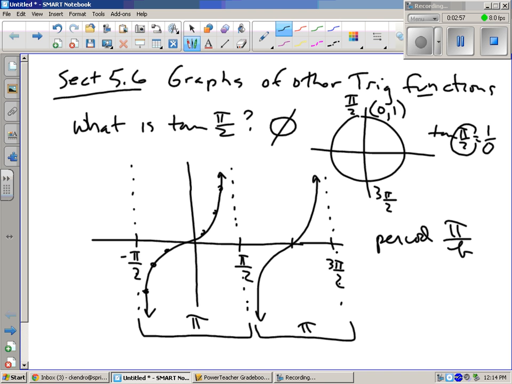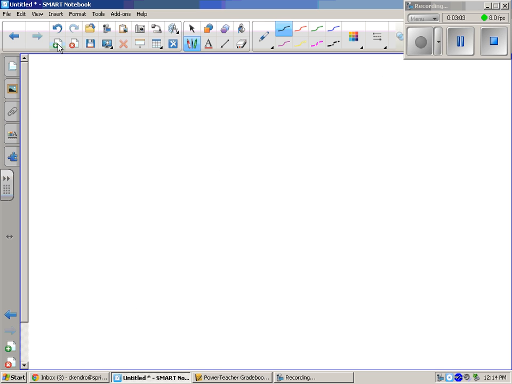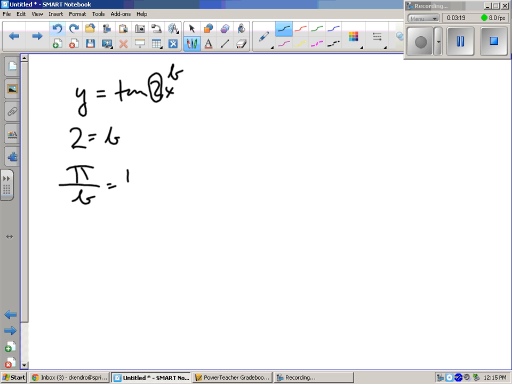All right, so let's do a real quick graph here. Let's do y equals tangent of 2x. So the 2 is my b, and my little formula is pi over b, so pi over 2.